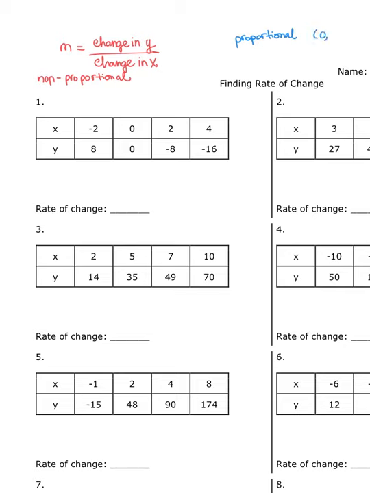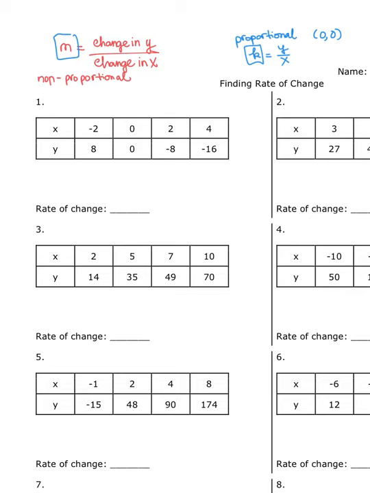The origin is 0, 0. We can do k equals y over x to find the rate of change. So m or k are still the rate of change, but one of them is proportional and one of them is non-proportional. Okay?